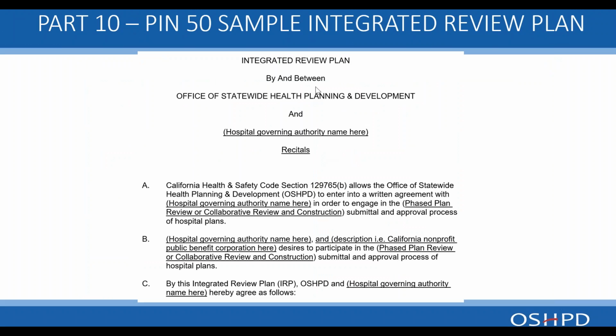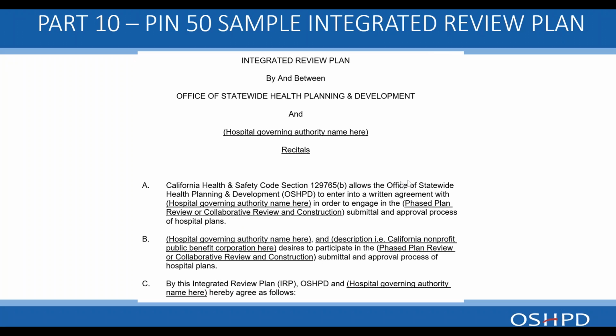This is a sample of an integrated review plan, or IRP, between the office and the hospital governing authority. This can be used to draft your IRP with this verbiage.